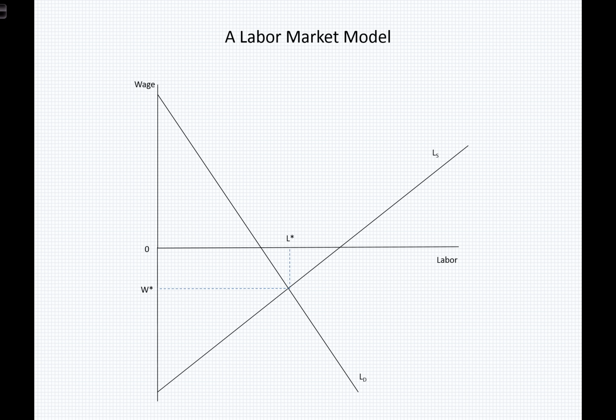Let's look at a slightly different version of this that maybe goes towards this volunteerism issue. If we think about a positive equilibrium value for labor, but at a negative wage. So this is market clearing, the normally shaped labor supply, normally shaped labor demand curve and or equations, but where we have a positive labor required at equilibrium, so the market clears at a positive level of labor, but at a negative wage.